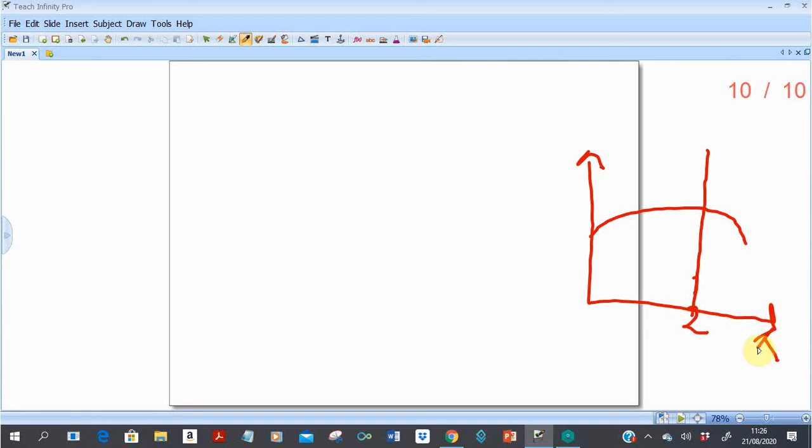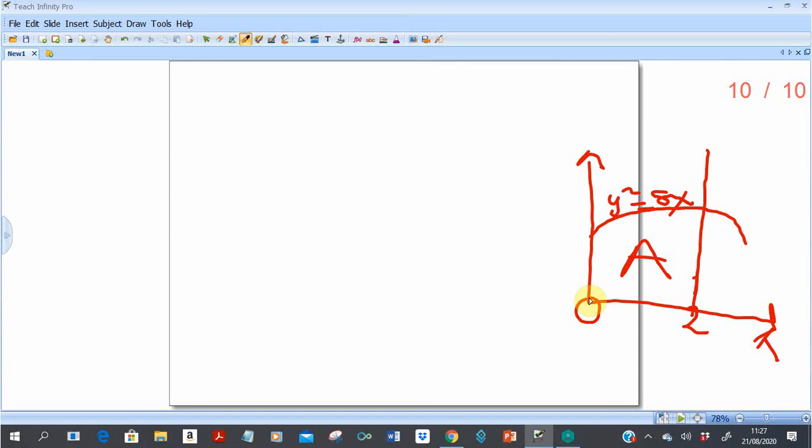So it is the region between the x-axis, x is equal to 2, and this curve, y squared is equal to 8x. So this is our region A. Now here we have a 0. So to find the area, you need the two points of x and the y curve.